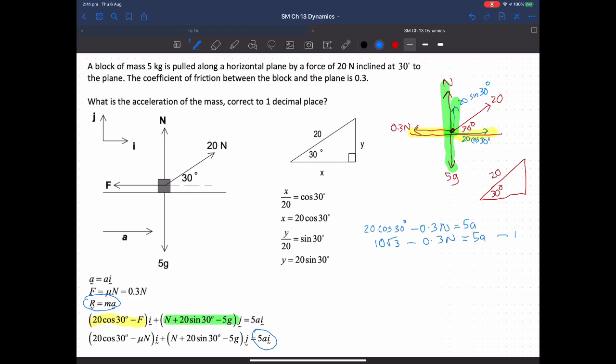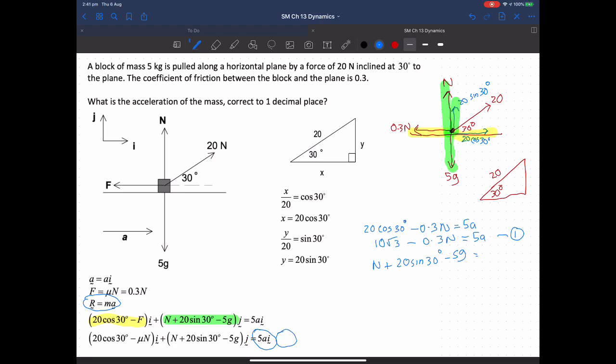This gives us an equation that has two variables in it, N and a. Now consider the second part of the equation of motion, the part that's highlighted in green. We have N plus 20 sine 30 degrees minus 5g equals the j component.